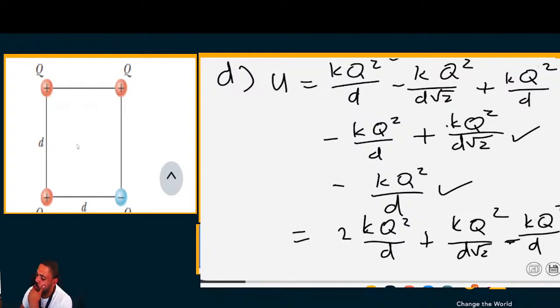That one and that one, they're done, and then we're left with positive kq squared over d squared. That is right.